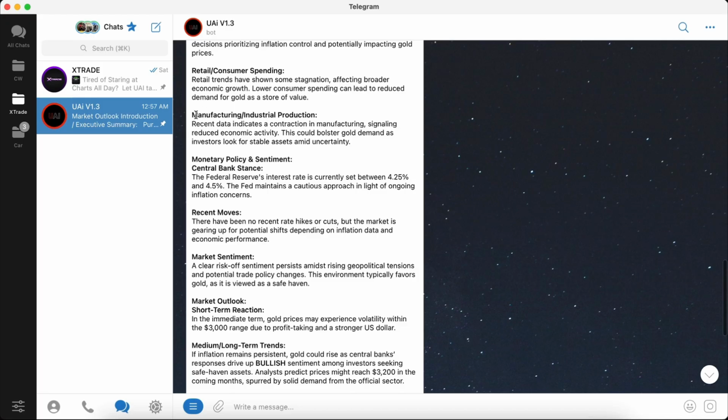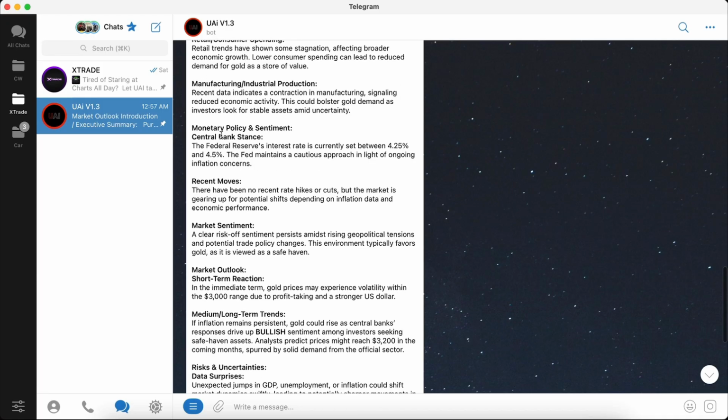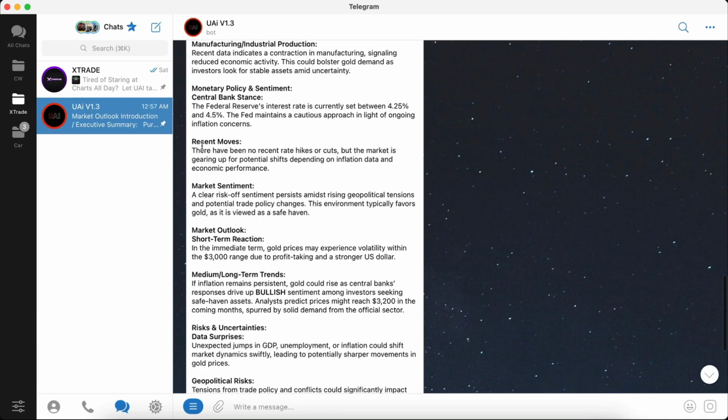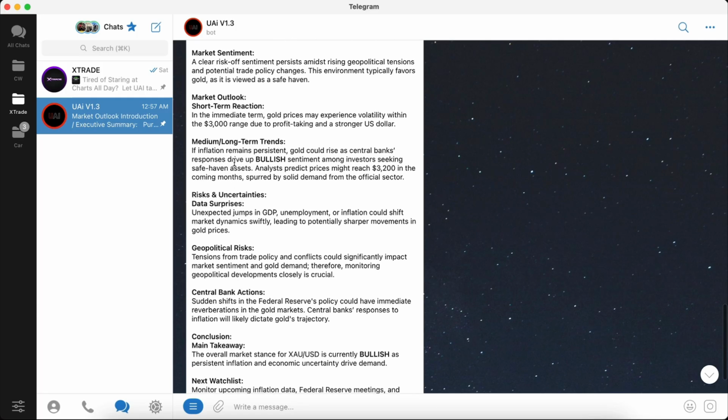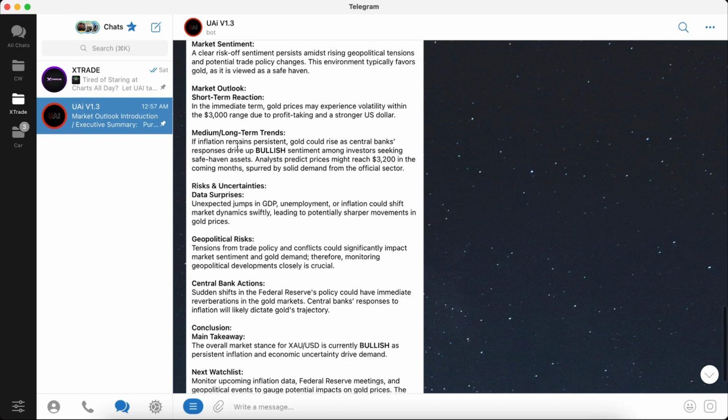It also gives you manufacturing or industrial production, monetary policy and sentiment about central bank stance, recent moves, market sentiments, and market outlook based on short-term reaction, medium-term, and long-term trends.